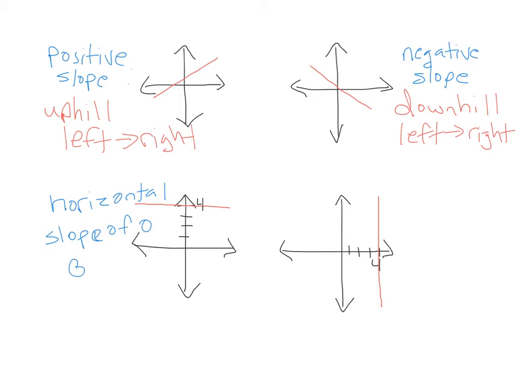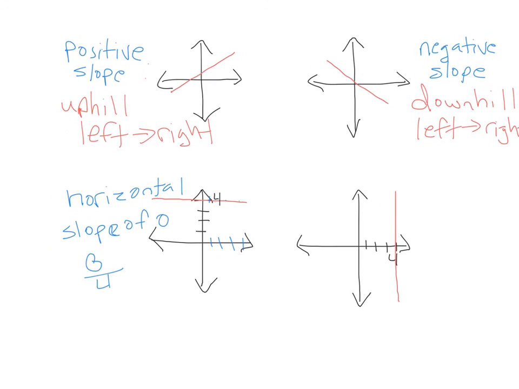So that's 0. But we're running. We can run forever and ever horizontally. It doesn't really matter what that number is. You could put 4. So that equals 0.